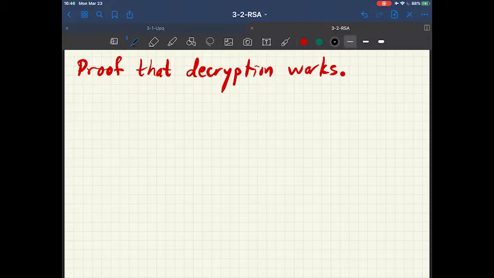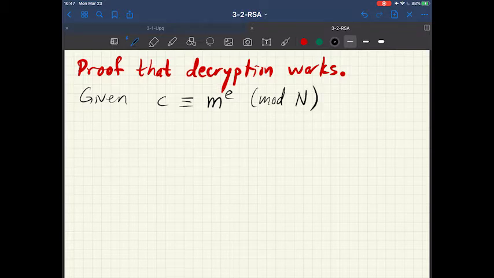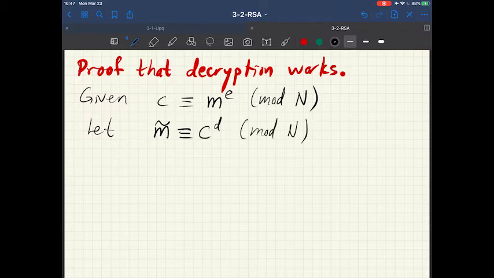So again, given m, the ciphertext is congruent to m to the e modulo n. So let's just consider m tilde to be c to the d modulo n. What we need to show is that m and m tilde are really the same thing in Z mod n.